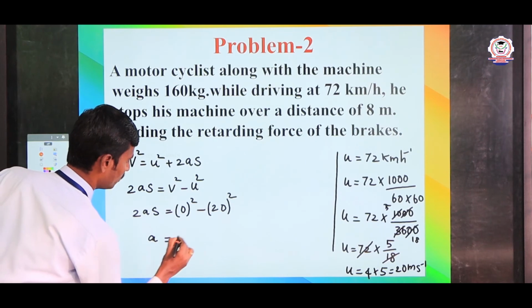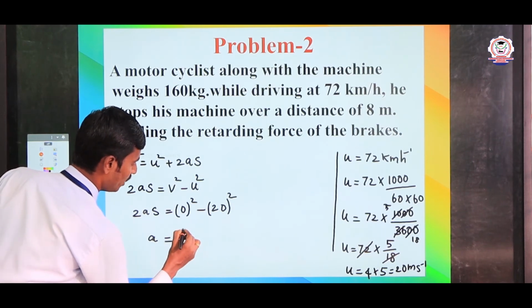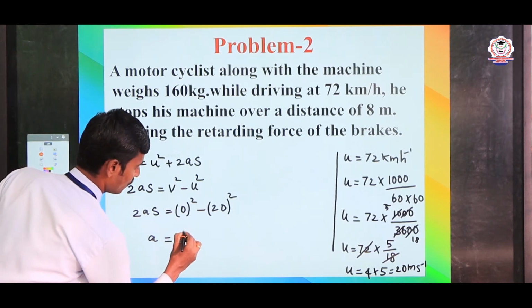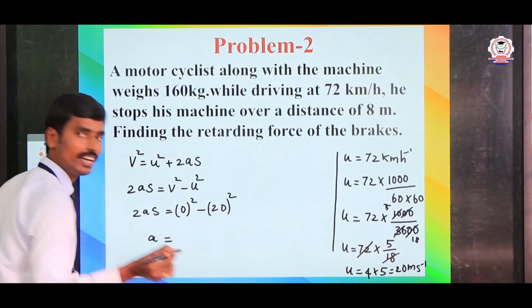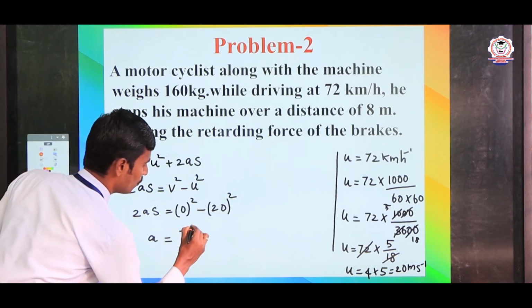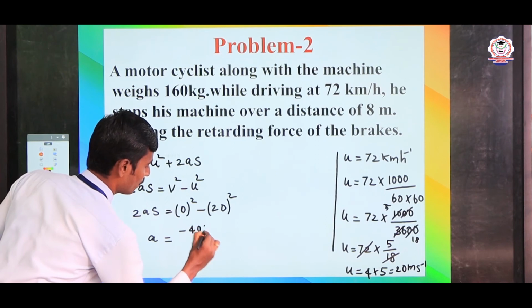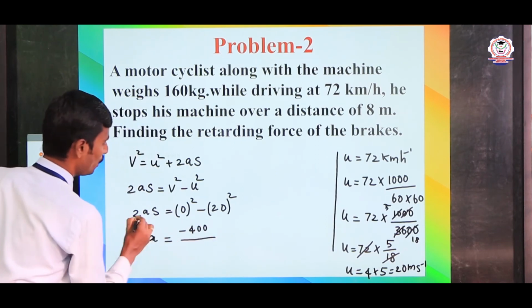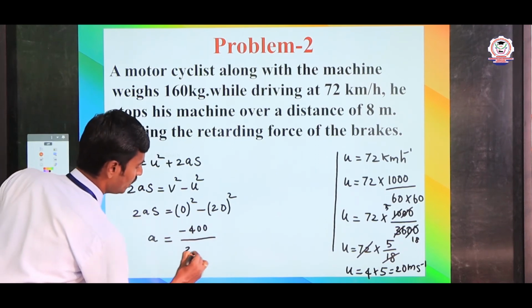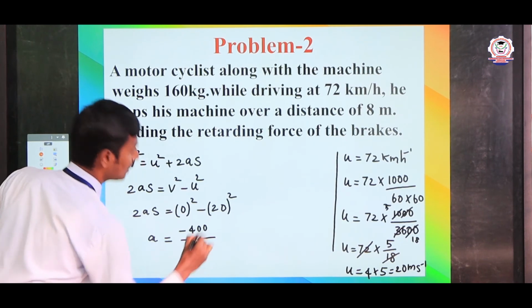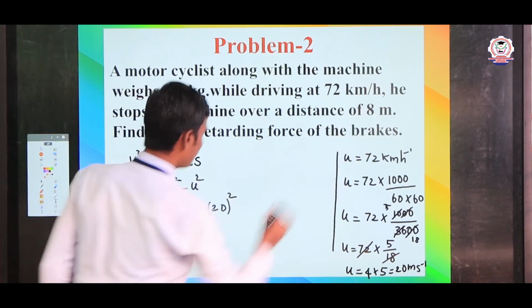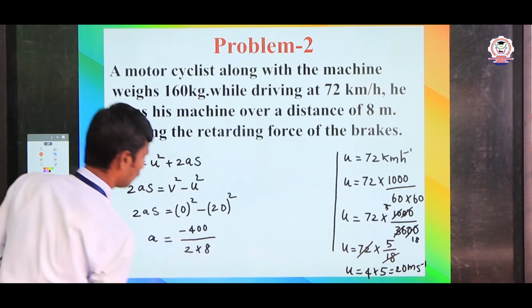So a equals minus 400 divided by 2 into displacement, 2 into 8.